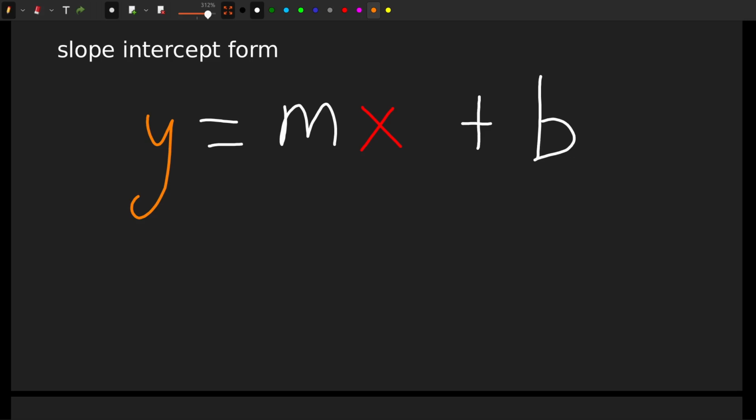Slope-intercept form has two main components. The first component is m. M, in this case, is the slope of the line we are dealing with, and b is the y-intercept.